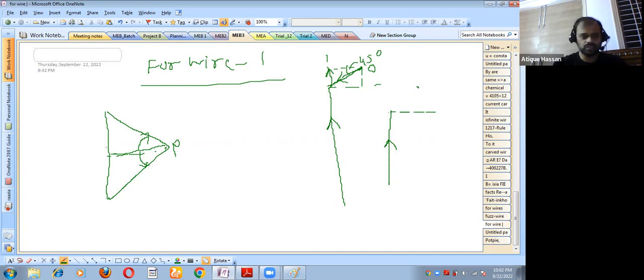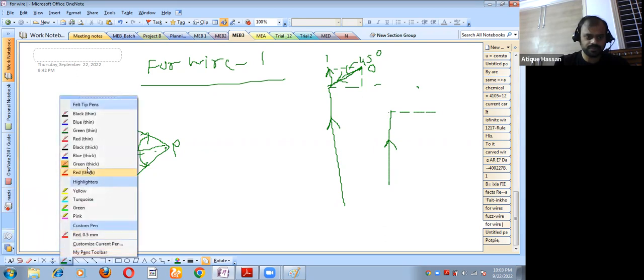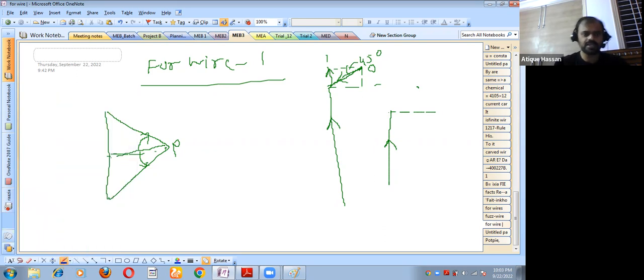When we are finding the angle, we draw the perpendicular from this point to the wire, and one angle is anti-clockwise theta 1, and one angle is clockwise theta 2, right? So one angle should be anti-clockwise, one angle should be clockwise. Now if you draw a perpendicular from this point O to the extended direction of the wire, we will get two angles.